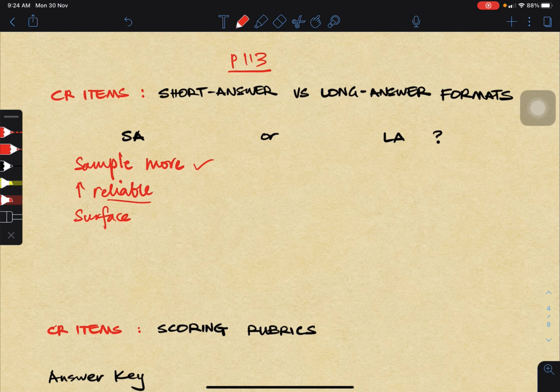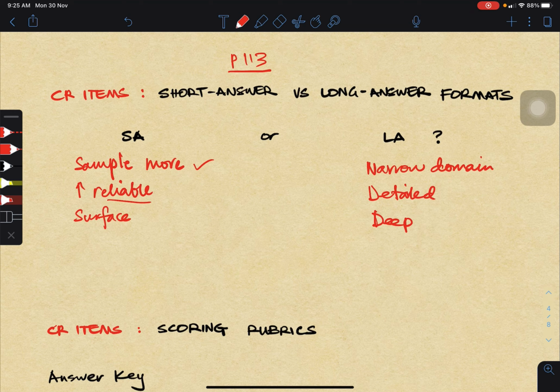However, if the purpose of the test is to sample a narrow domain, just a very specialized topic, for example, and you want the answers to be detailed and deep, you want to test how much they know, the minute details depending on your objectives, then you would go for long answer questions.